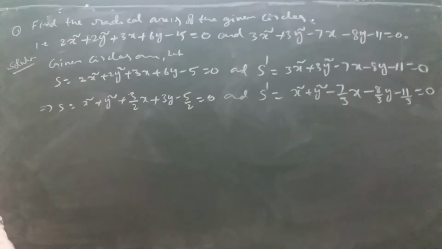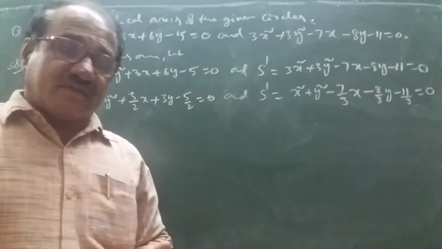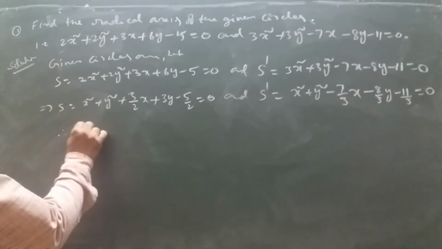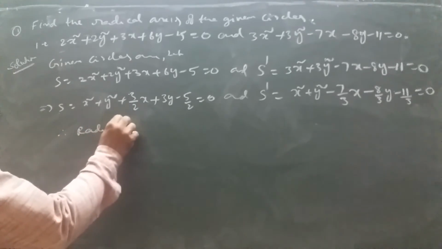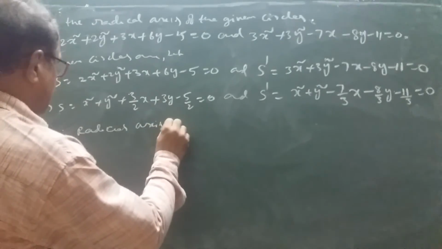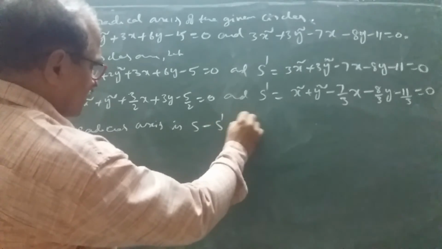Then what we have to find? Radical axis. The formula for finding the radical axis is S minus S dash is equal to 0.